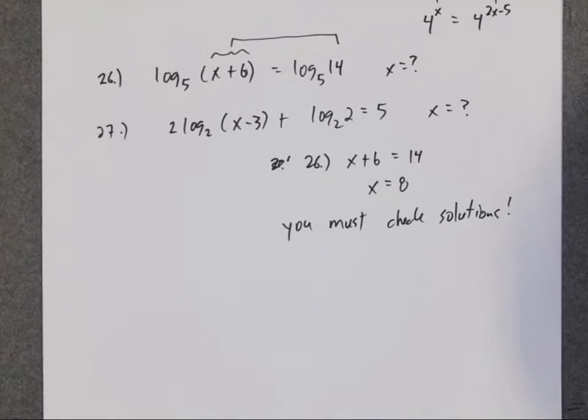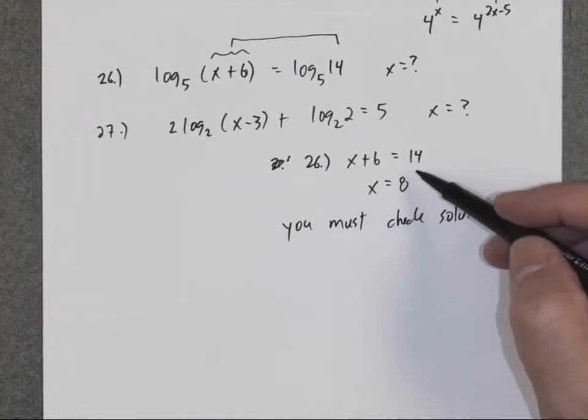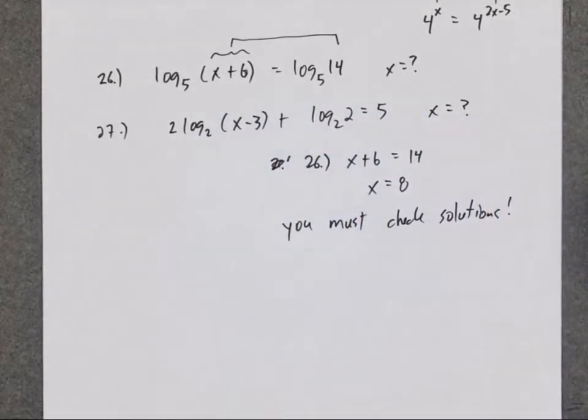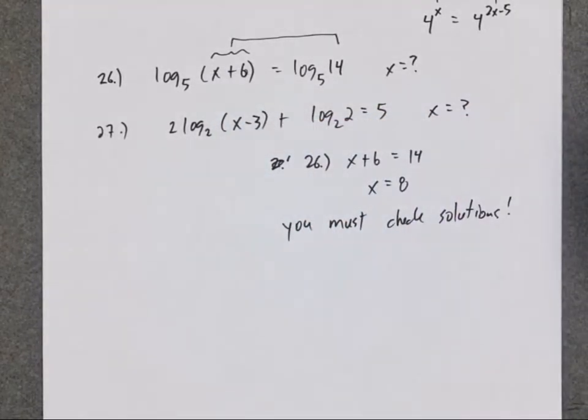Meaning, once you get your solution, you take that x and plug it back into the original equation. And the thing you're really looking for is to make sure you never end up with a negative number inside the log. That's usually the thing that's going to get you.